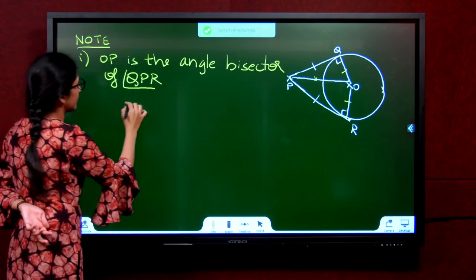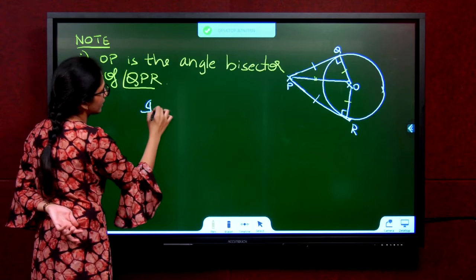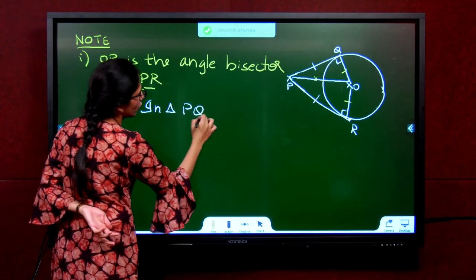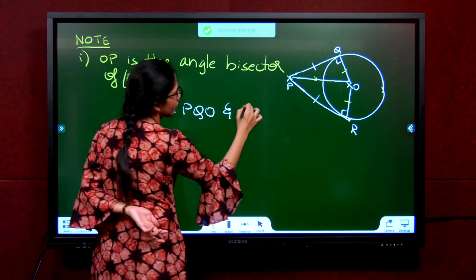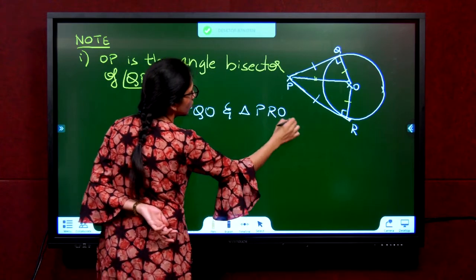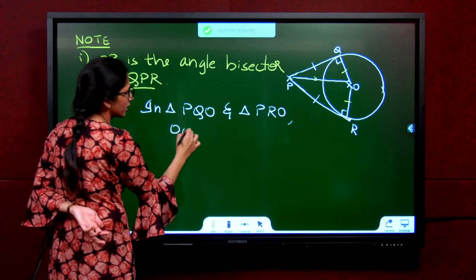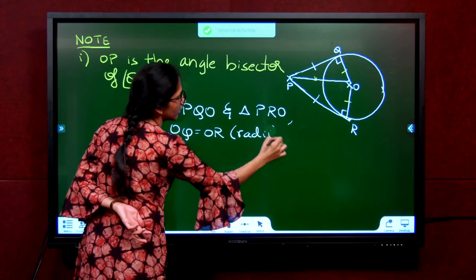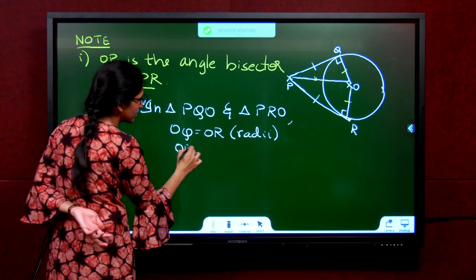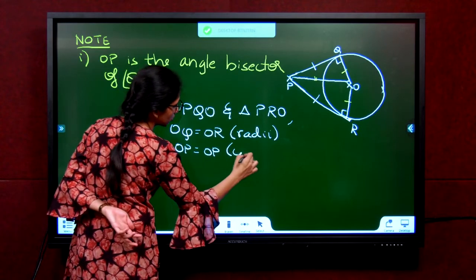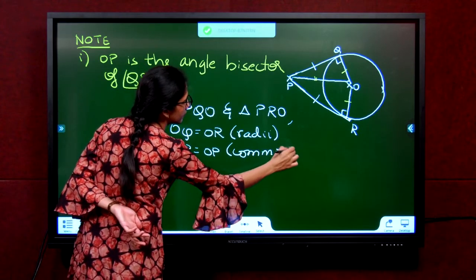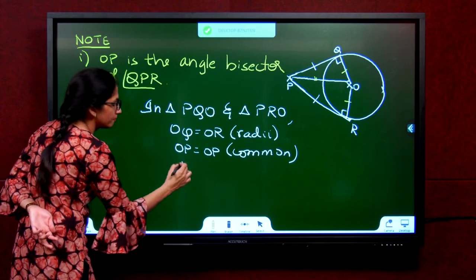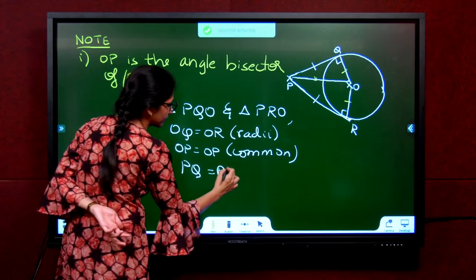Easy. Let's write it. In triangle PQO and triangle PRO, OQ equals OR, radii. OP equals OP, common. PQ equals PR.